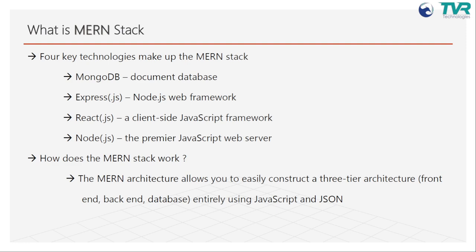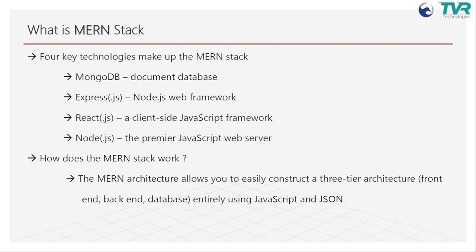That we can say is the backend. And all the data, like your details or your email ID, is stored at some place that we call a database. So this 3-tier architecture makes a MERN stack.